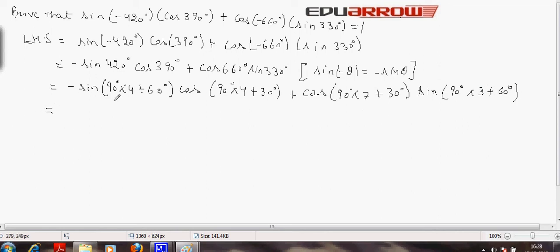These are all degrees. Here n is an even multiple, so this will be minus sine.